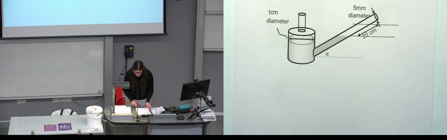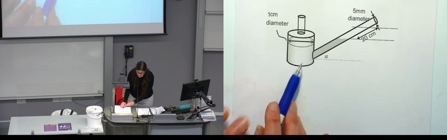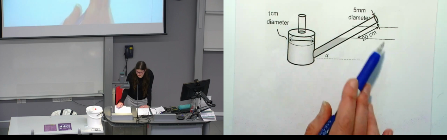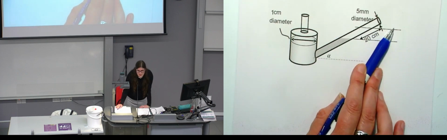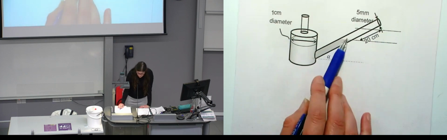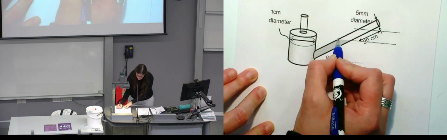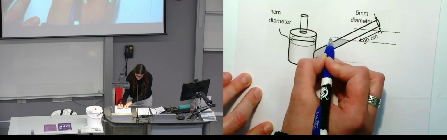So as always, let's see what we know. At the beginning, this side is open to the atmosphere, and this side is open to the atmosphere. Because both sides are open to the atmosphere, the pressure here is the same as the pressure here.